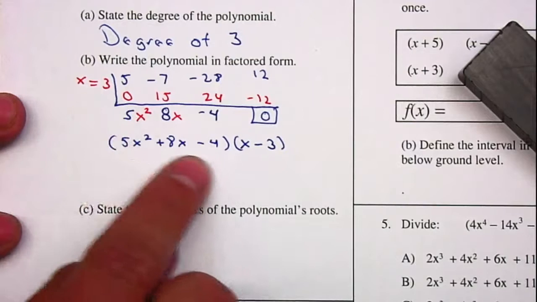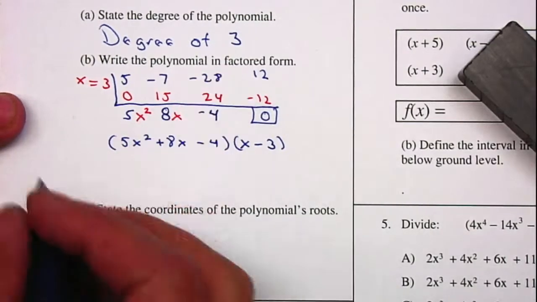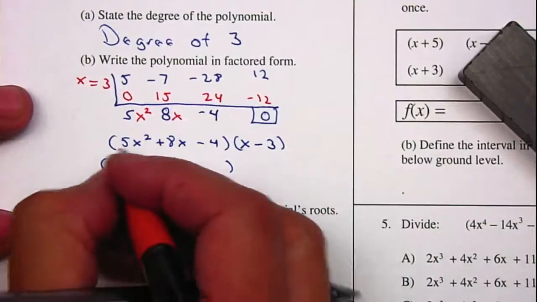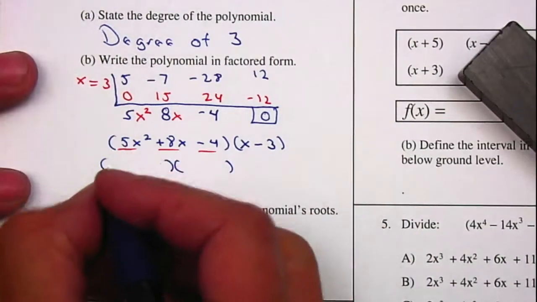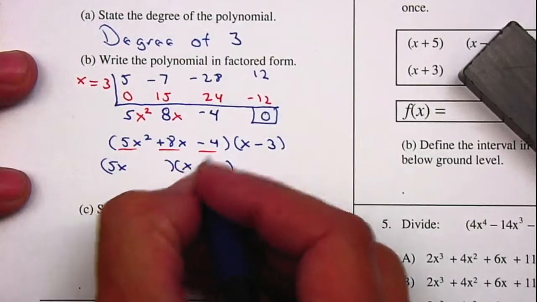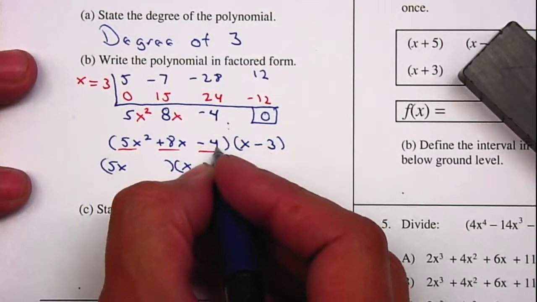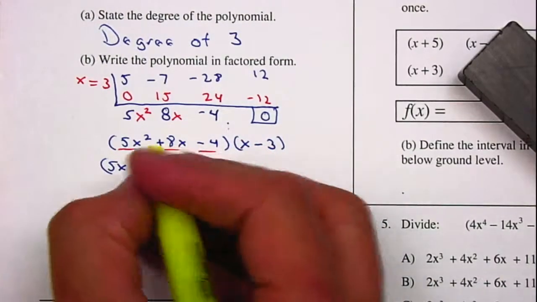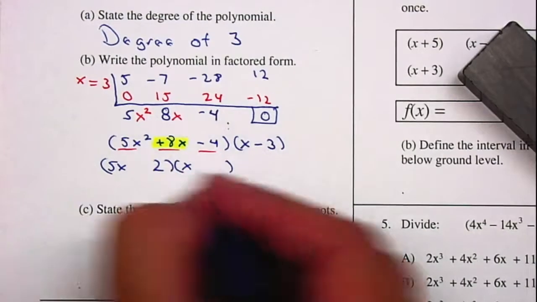And now we're going to factor this out because we need to place it in factor form. So I'll place my double parentheses because we have 3 terms. 1, 2, 3. Factors of 5x squared will give us 5x and x. Factors of 4, I can use 4 and 1 or 2 and 2. And I need to end up with a positive 8. So therefore I use 2 and 2.